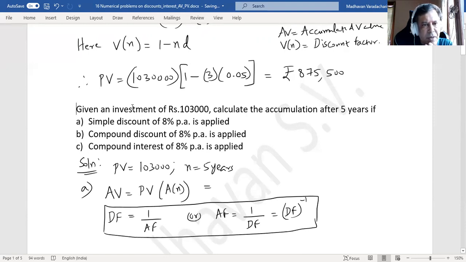Because the first question talks about simple discount, I can write this as present value times the reciprocal of the discount factor.